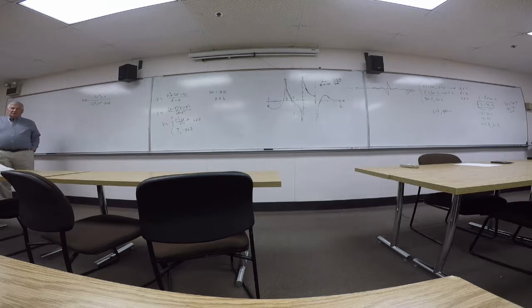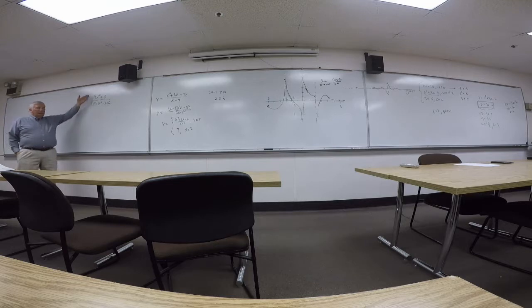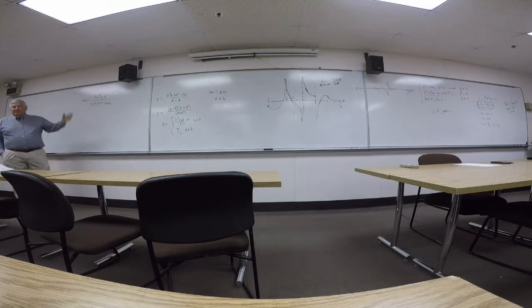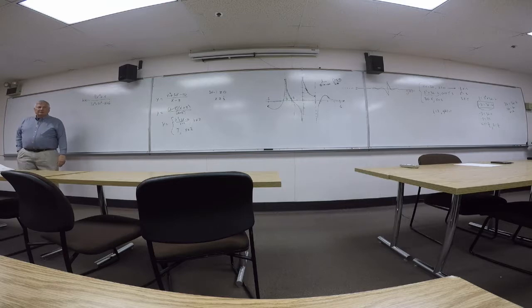So this gets us back to college algebra. What's the degree of the numerator? What's the degree of the denominator? So what's the limit as this goes to positive infinity? If the degrees are the same, the limit is the ratio of leading coefficients. 9 halves.